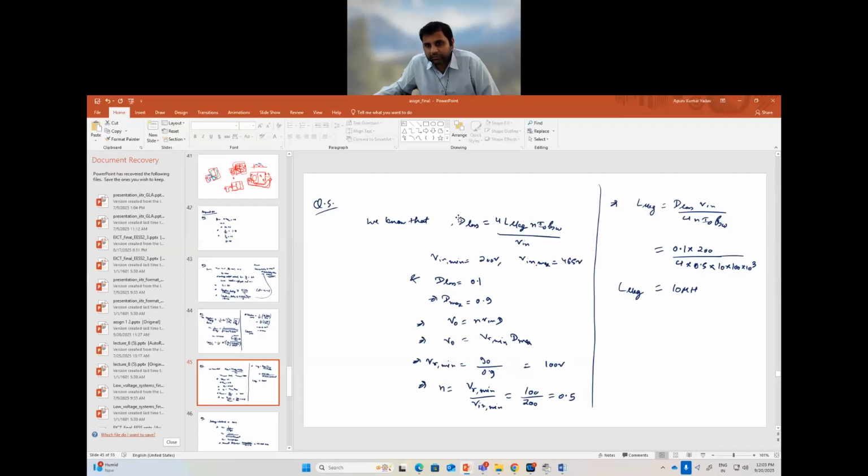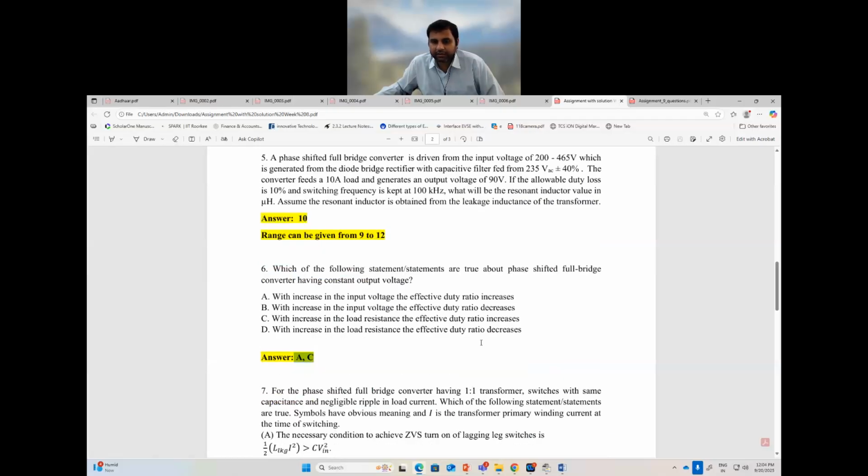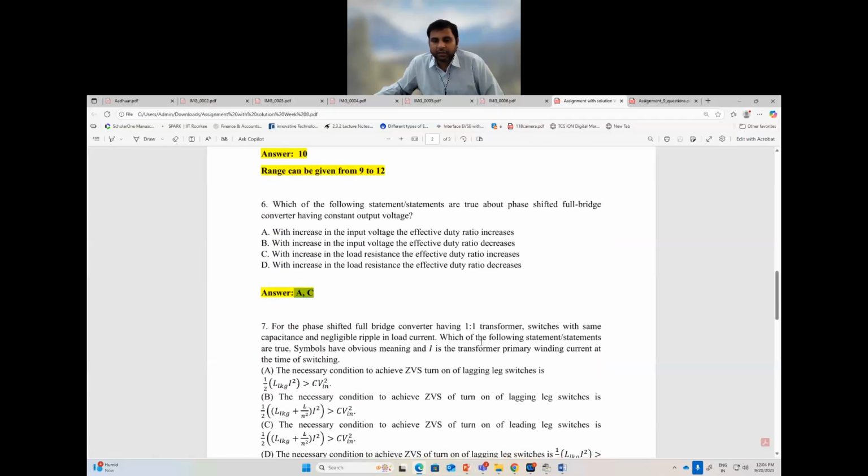I naught reduces means your D loss reduces, and D loss reduces means the D effective increases. Since the D effective increases, your C value is the correct option out of C and D. So B and C are correct. We will update the options accordingly.